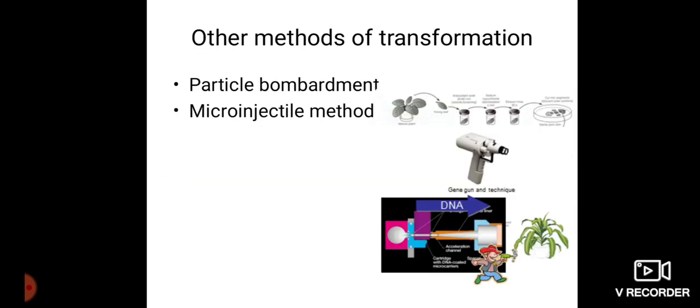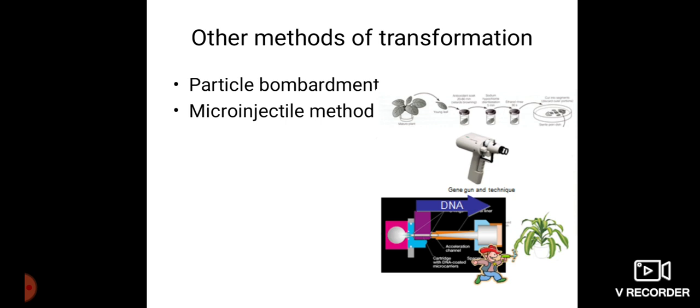Among other methods of transformation, people have used the particle bombardment method and microinjection methods. Here the DNA is coated onto small particles, gold or small glass beads or silver beads, which are not reactive, and these particles are bombarded onto the plant tissue material.